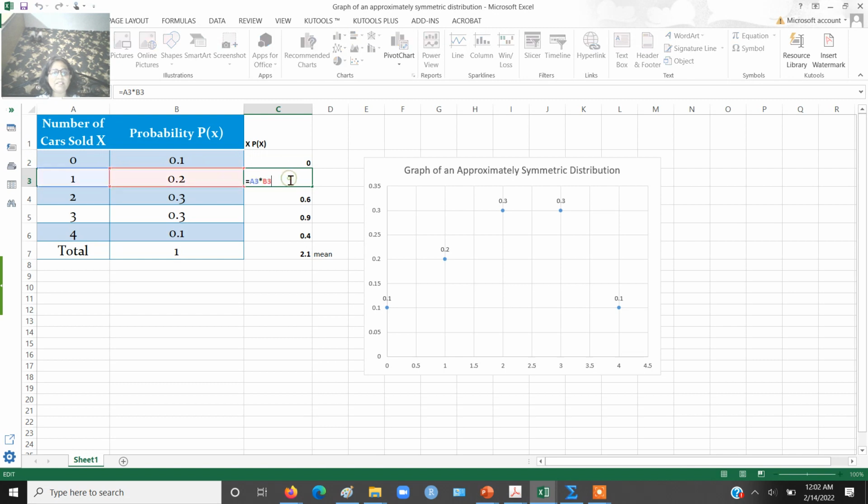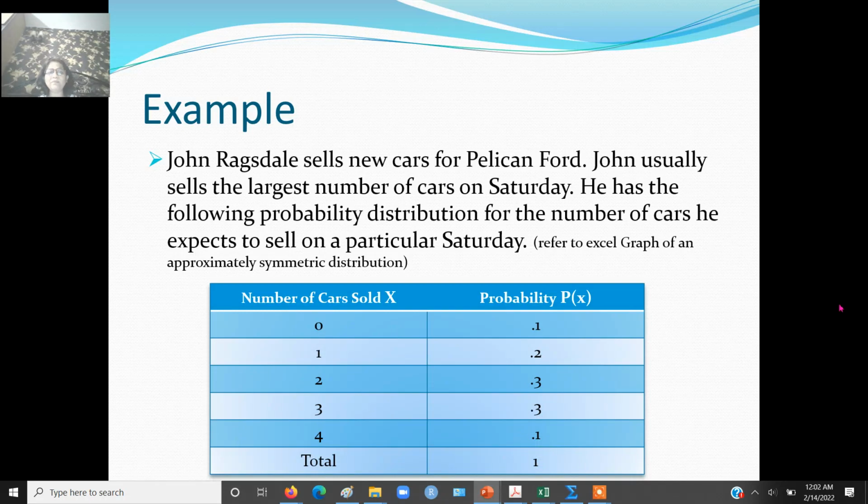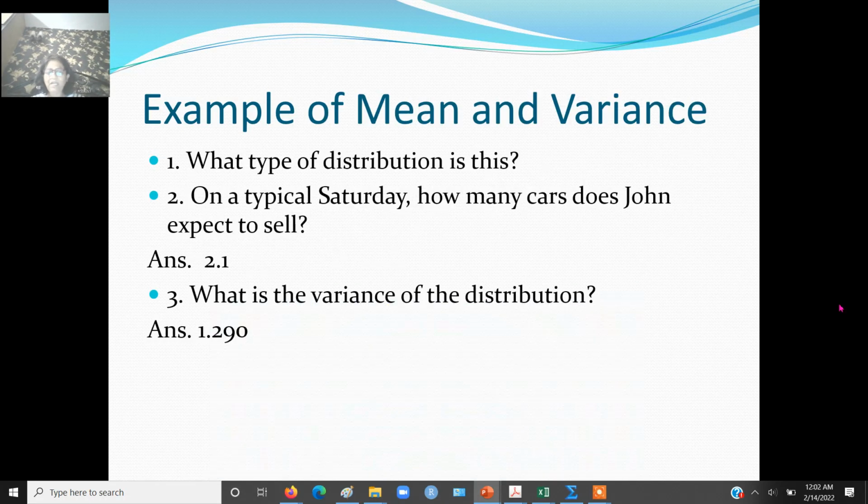For example, x value is 1, probability is 0.2, so 1 into 0.2 is equal to 0.2, and so on. The sum of this column is equal to 2.1. So the mean of this distribution is equal to 2.1. Now I am not doing the variance, because I have already explained how to calculate the variance of the distribution in an earlier part of the video. You can easily calculate the variance and verify that it will be equal to 1.29.